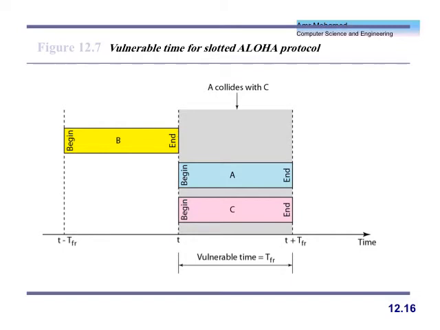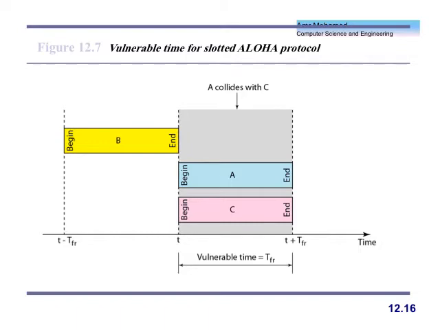So for each time slot, I'm allowed to send, and the frame occupies the whole time slot. Similar to what we did for pure Aloha, if we send a frame at this exact instance, then we will end slightly before the beginning of the frame of A. So in that case, collision will not happen.